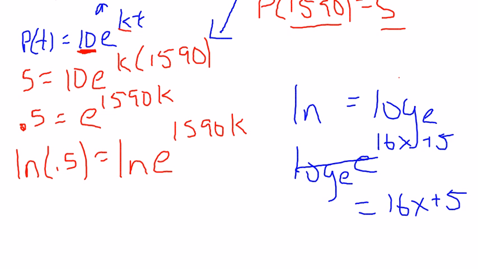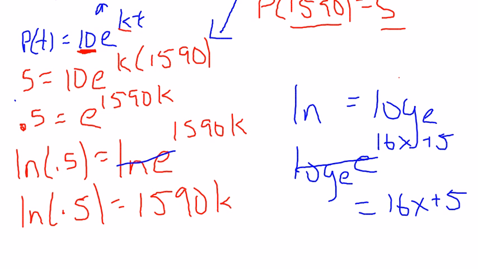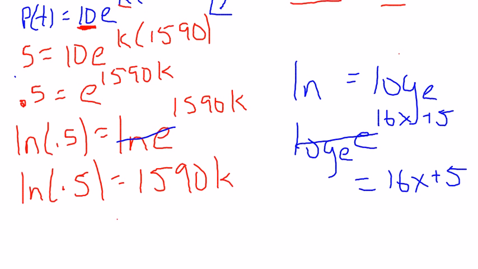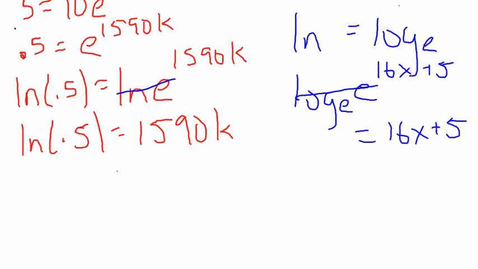Just like I said before, ln, which is log base e, and e to the cancel, these guys knock each other out and just leave me with what's up top in the exponential function. So I get ln of 0.5 equals 1590 times k.